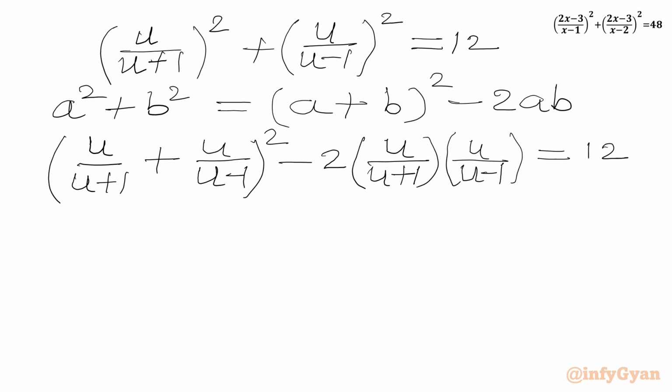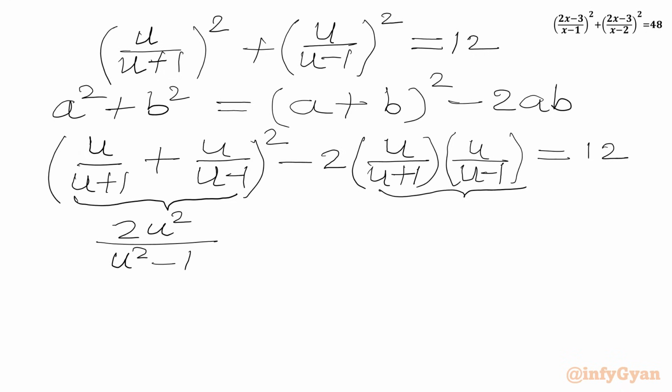Now we have to simplify these two terms. So I will get here u square minus u plus u square plus u, which will give us 2u square in the numerator. And in the denominator it is (a + b) times (a - b) form. Using the difference of two squares identity, we can write u square minus 1.